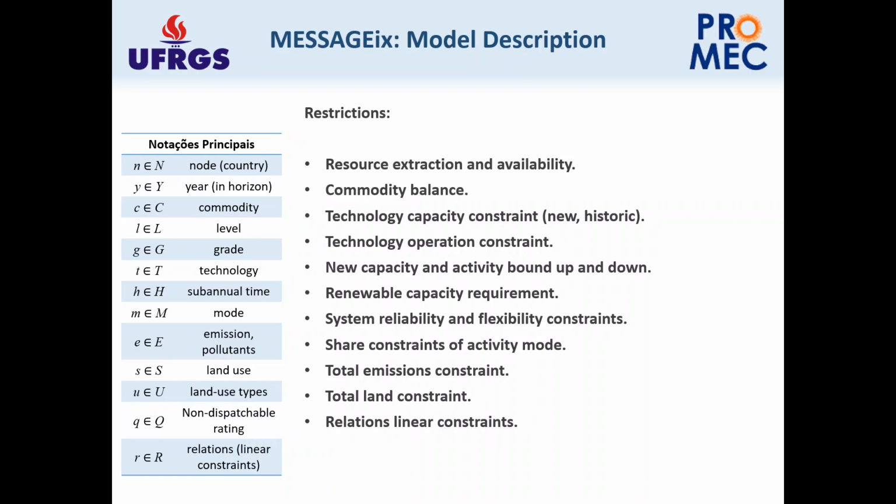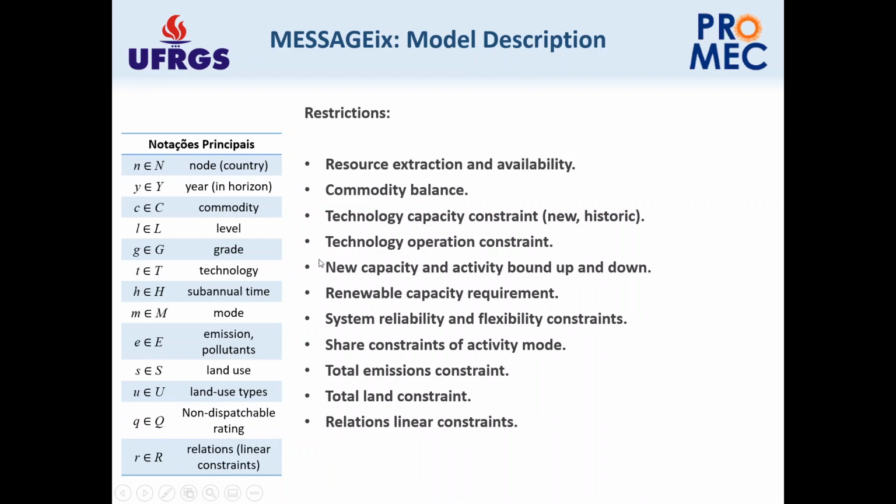You build the power plant, you want to use it. You created capacity for people to operate and construct coal power plants. You want to build not only one, you want to build five, six. So these are all taken into account in MESSAGE with technology capacity constraints.